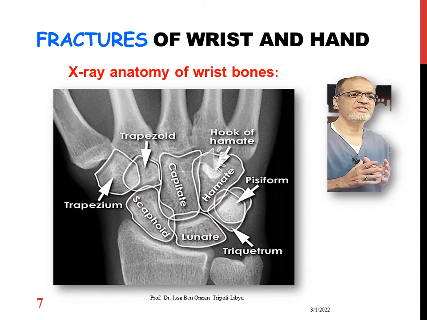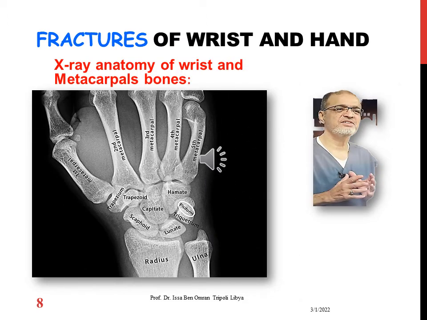And here we see also the X-ray anatomy of the wrist bones with the names illustrated. Very important to remember. And here is another X-ray view with the names of metacarpals and carpal bones.